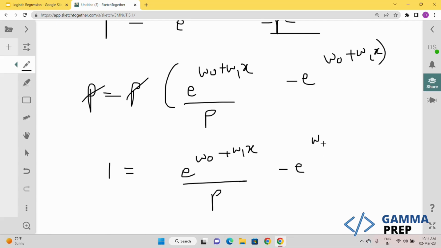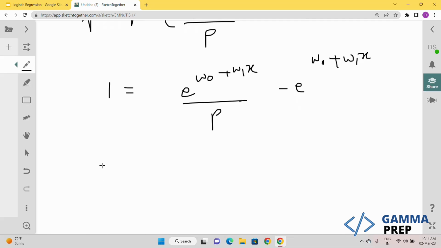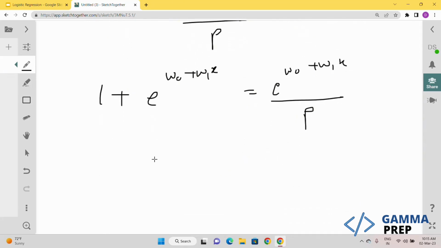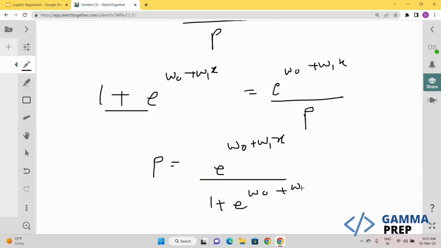So now we have 1 plus e to the power w0 plus w1x. And what I have done is brought this term to the LHS. Now p goes to the LHS and this term comes in the denominator.